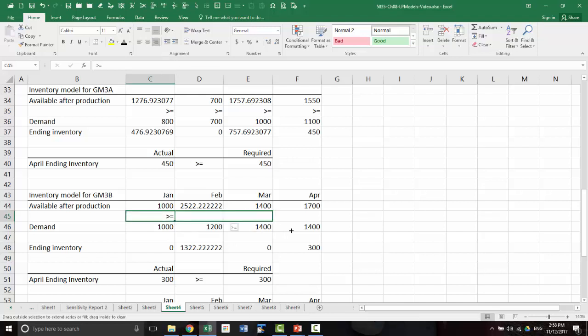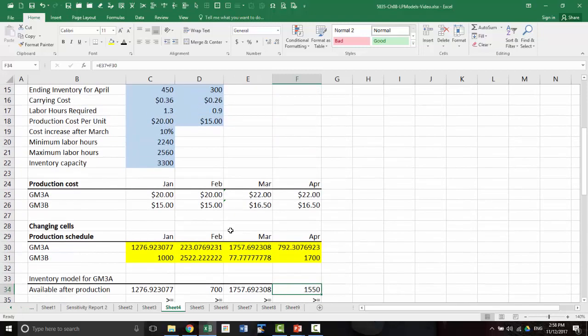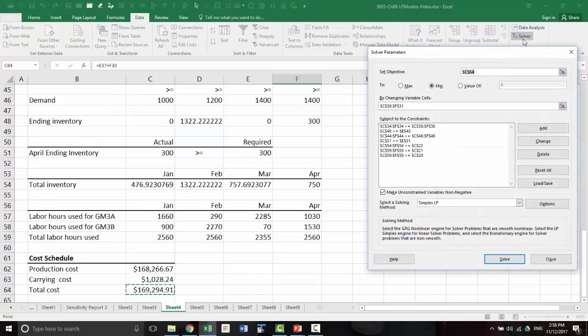All right, so now at this point, we have some non-integer answers, which is okay in this case because the non-integer part simply can be thought of as work in process inventory. But if you want integer answers, there are only 8 variables, so it's not a really big problem.